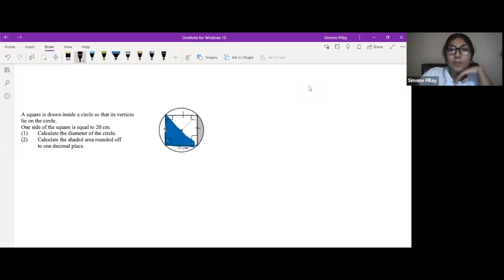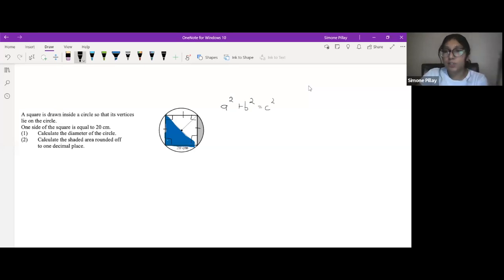I can do Pythagoras to calculate the diagonal of my square, which is also the hypotenuse of my triangle, which is also the diameter of my circle. So let's go. I'm sure a lot of you remember Abu Khan. Abu was our number one ambassador of Pythagoras with his papyrus. Let's go. So we're going to say a squared plus b squared equals c squared.